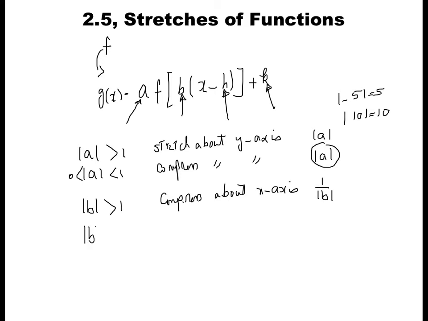When absolute value of b is between 1 and 0, then we are going to stretch. We are not going to compress. We are going to stretch about the x-axis by a value equal to 1 over absolute value of b. So these are all about stretch and compression of any functions. Now we are going to do a couple of examples to see how this works in actual problems.